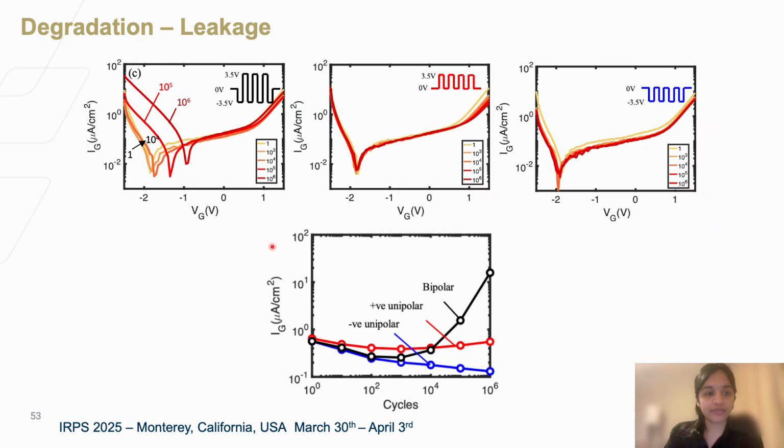So if we look at the values plotted over here, note that the y-axis is in a log scale, and as we cycle the device under bipolar stress until 10^4 cycles, the leakage remains below 1 microampere per centimeter square, but after memory window closure, it shoots up to about 2 orders of increase in the leakage value. But in the unipolar cases, both positive and negative, this leakage remains low throughout the cycling.